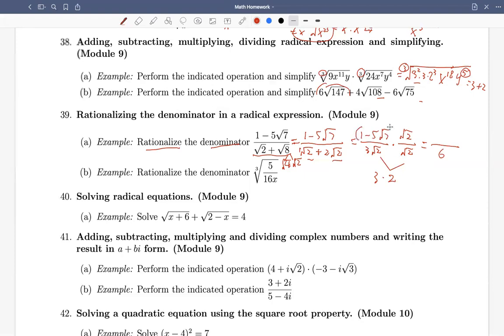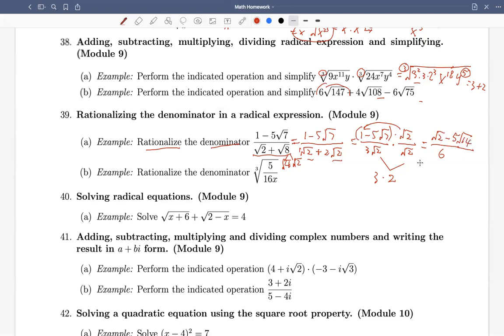The numerator will have 2 terms. Both have to multiply by square root 2. So 1 times square root 2, that's the square root of 2, minus 5 square root of 7 times square root 2. Well, 5 is still 5, but under the square root, we have 7 and 2. 2 times 7, that's 14.